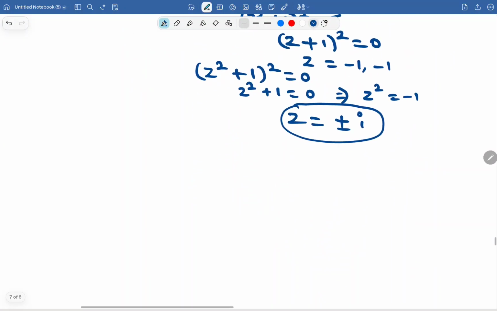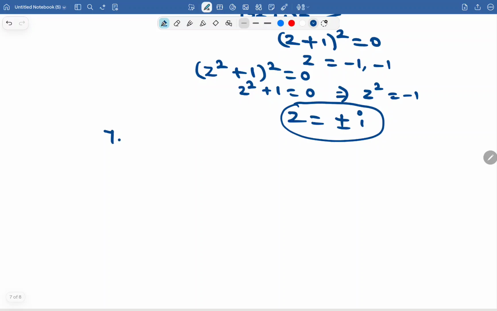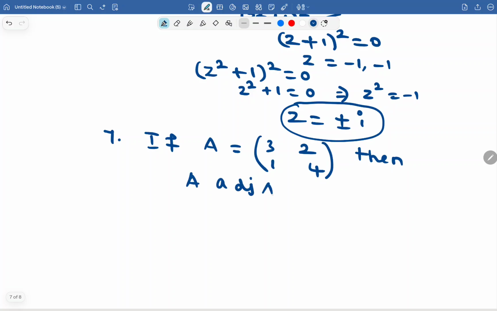Problem number 7. If A equal to [3, 2, 1, 4], then you have to find A with the adjoint.